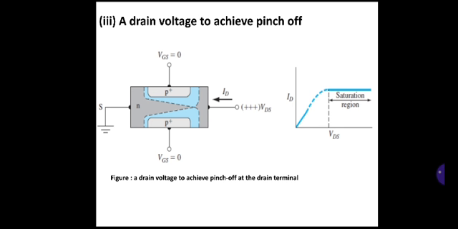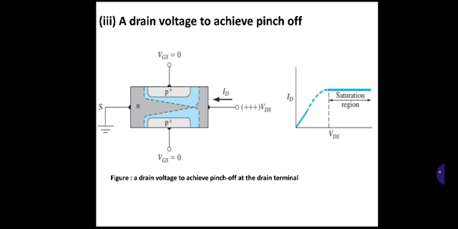You can observe the space charge region, marked with a blue color at the drain end. It is again extended, widened, and they touch each other. That means there is no space to flow current between the source and the drain.